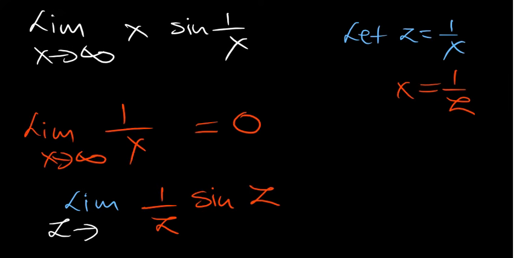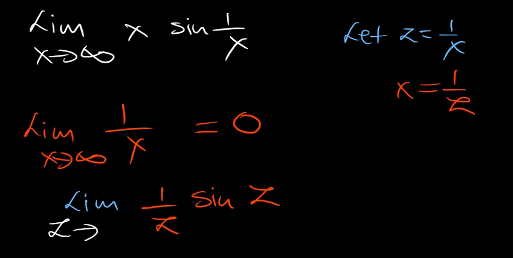Now z is supposed to approach what? The fact that x was becoming infinity, and now that we have 1 over z, which is the reciprocal of x, means we've changed the function.